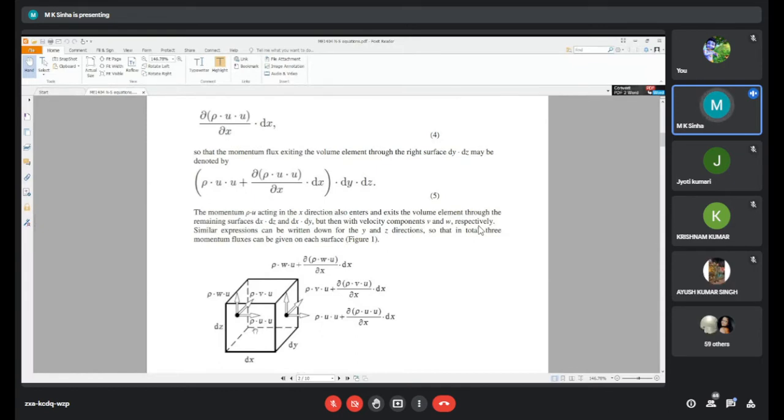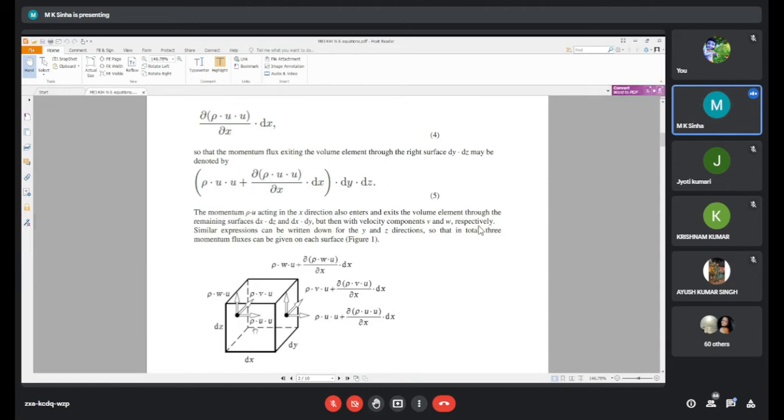So rho u plus del by del x of rho u into dx, the parameters entering and leaving, with velocity along the x-axis, plus higher order terms which we have truncated or eliminated from the Taylor series.